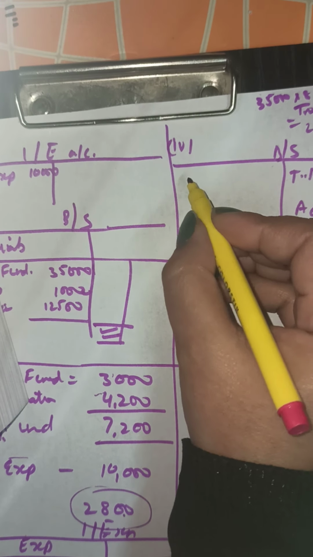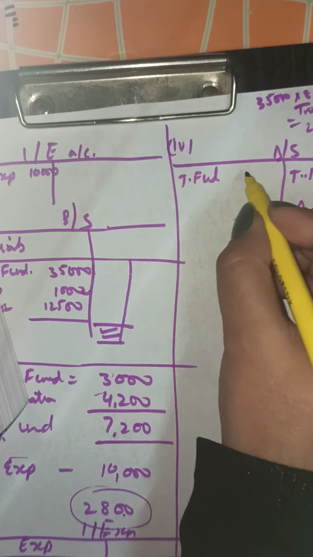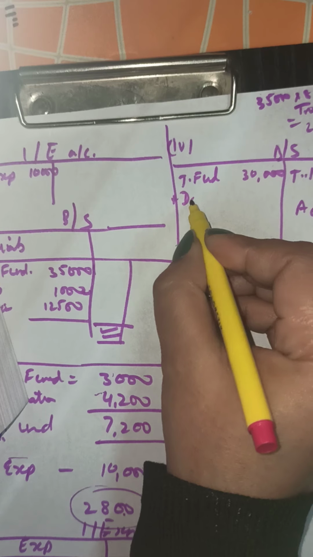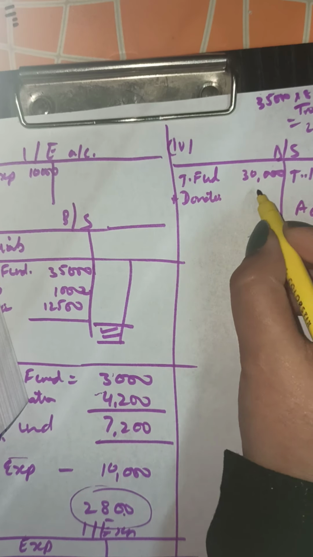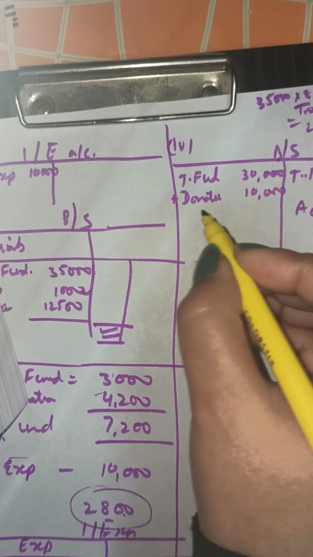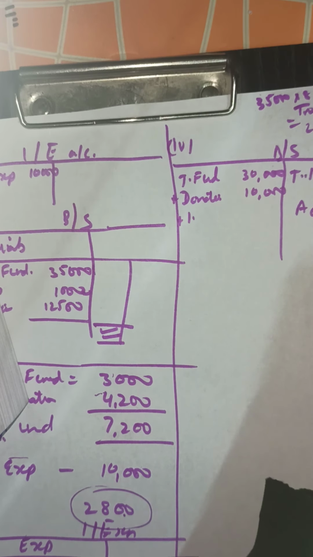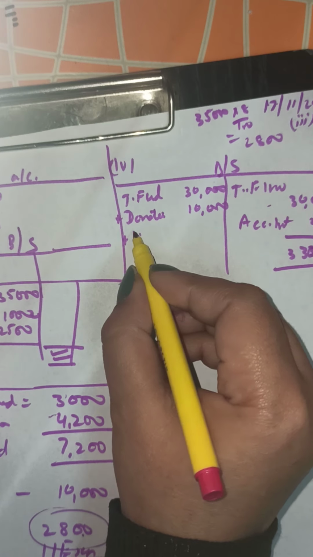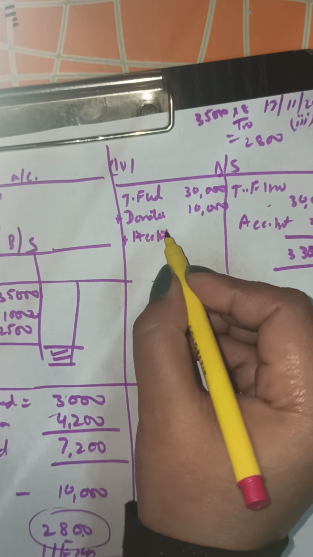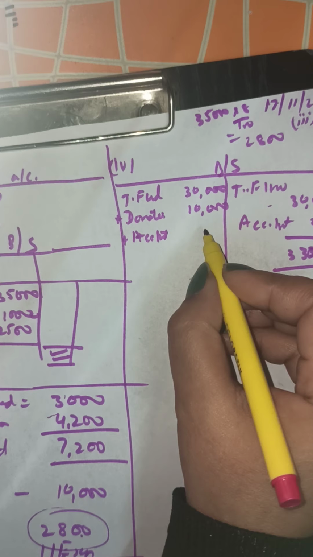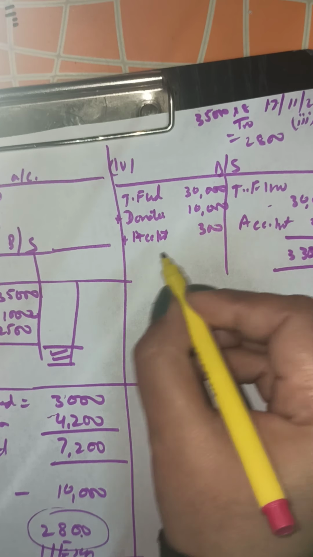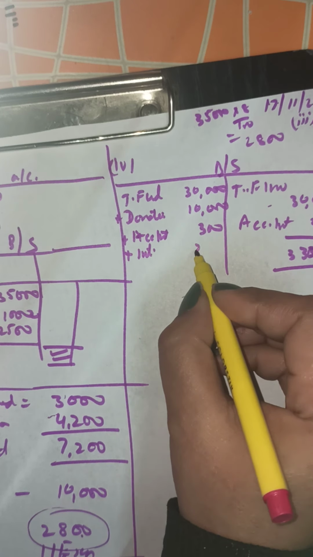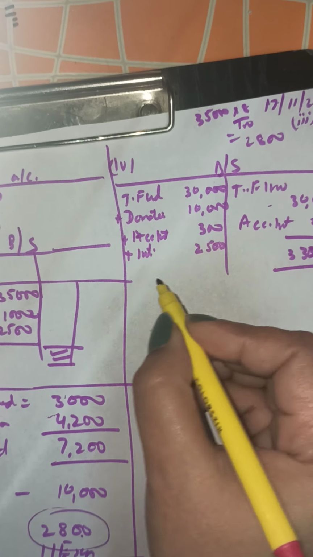You will show this. The tournament fund is for 30,000. Plus the donation, all the incomes will be added, plus the donation received for the fund, rupees 10,000. Keep on adding, plus the interest accrued, this accrued interest of 300, plus the interest received, rupees 2,500.